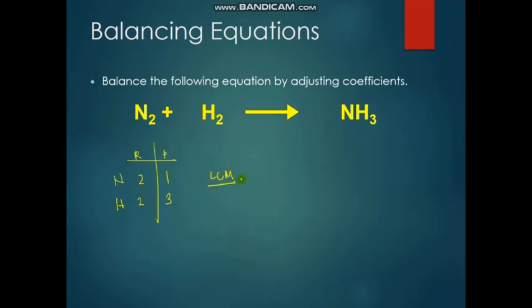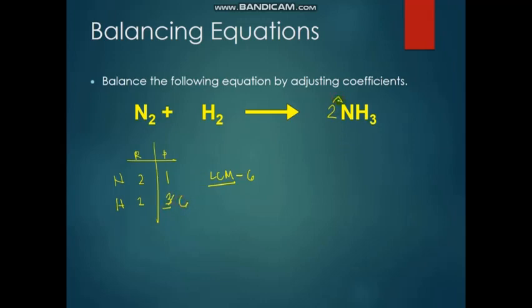So the LCM of these two numbers is 6. So we multiply the two numbers so that they will be able to have a product of 6. So for 3, we multiply it by 2. 2 times 3, it will become 6.